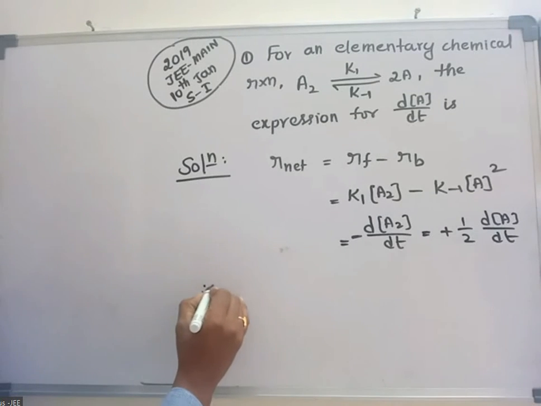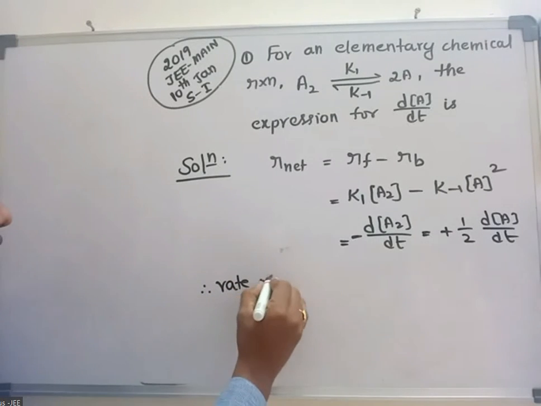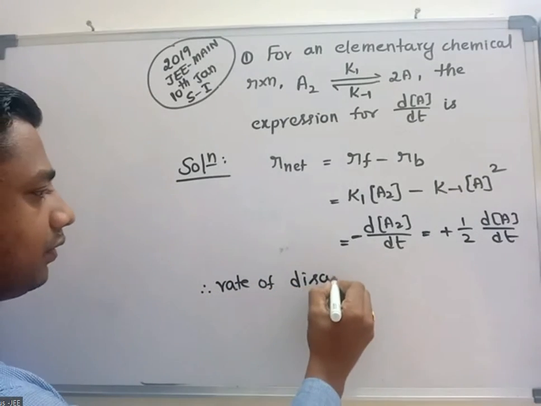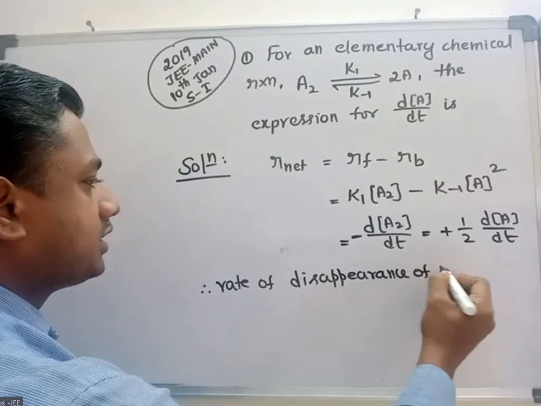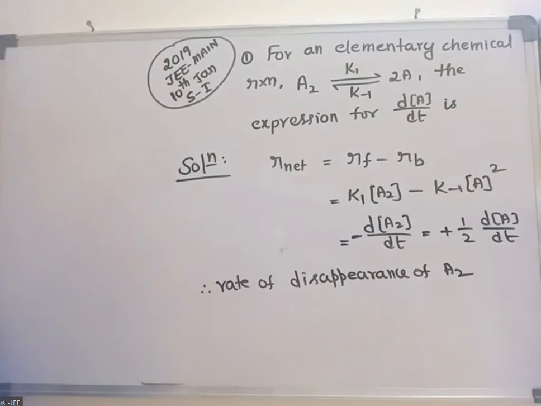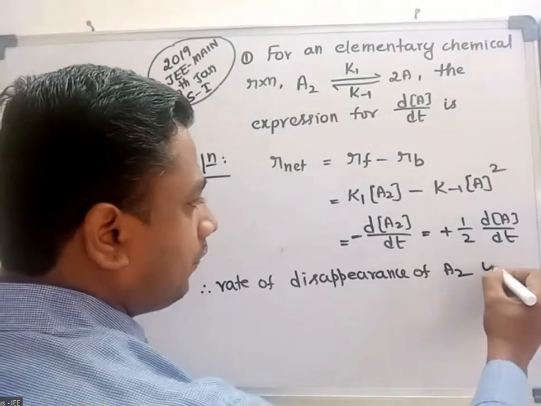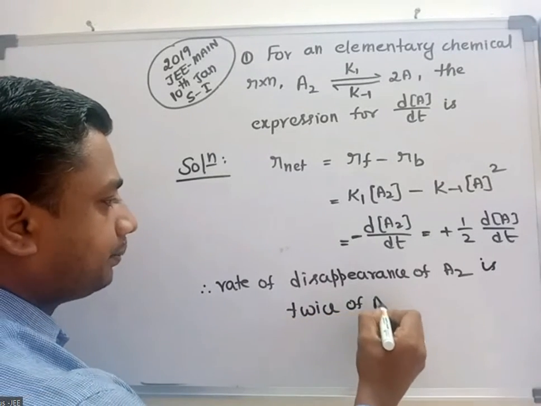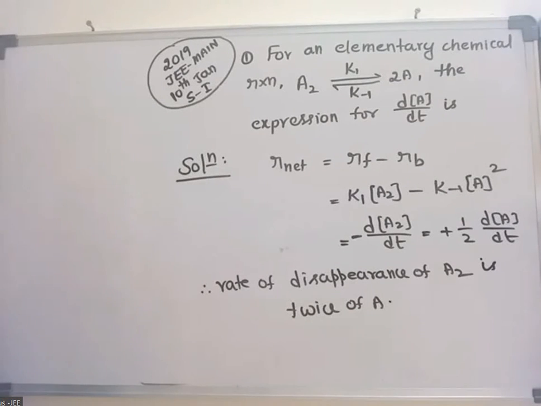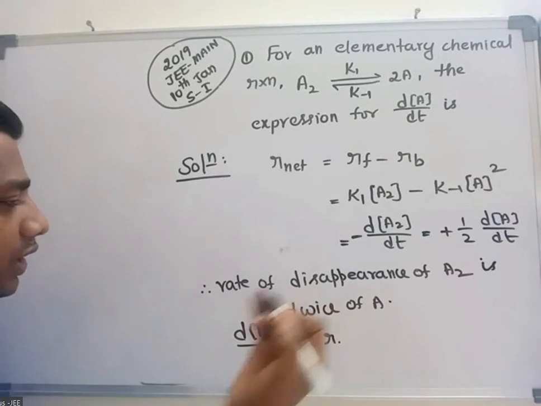Therefore, rate of disappearance of A2 is twice of A. d of A by dt equal to 2 into r.